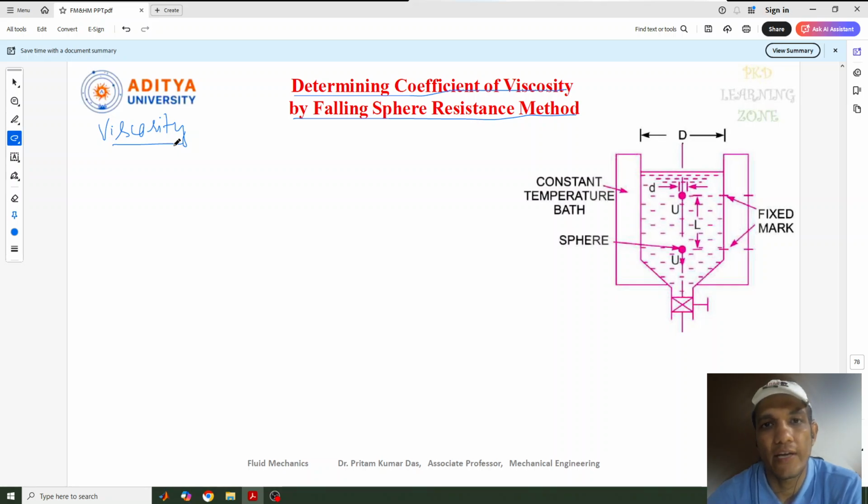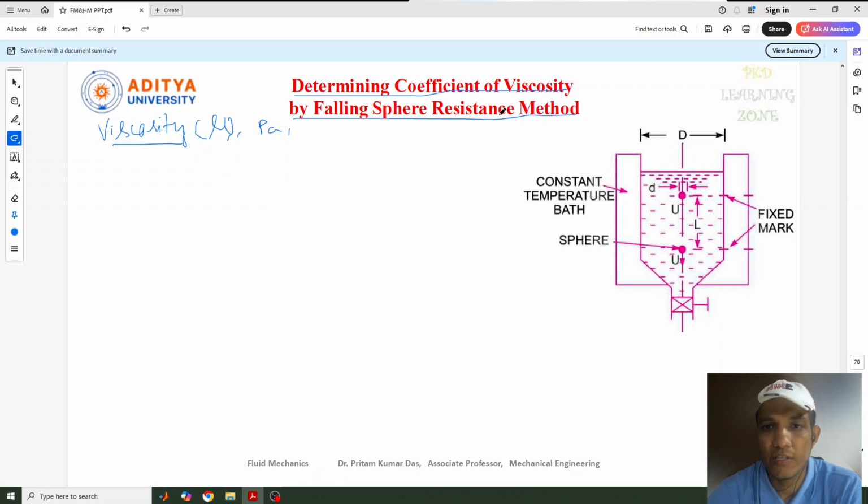If it is highly viscous, then it can move very slowly, and if it is less viscous, it can move very fast. This is the concept of viscosity, and we know that it is denoted by mu, and the unit is Pascal second or Newton second per meter square.